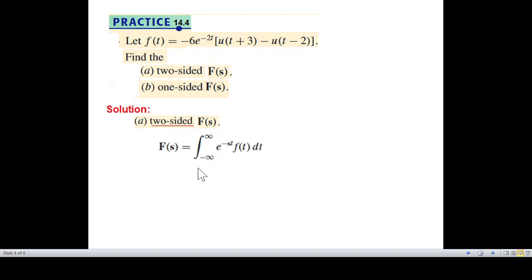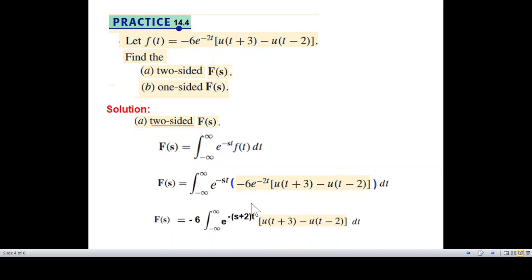This is the formula for the two-sided Laplace transform we have learned. Now we have to input the function. So inputting the function, this is the whole function plugged in, and we take -6 outside, therefore it will be the integral of e^(-st) multiplied by e^(-2t). In multiplication the powers add, so it will be e^(-(s+2)t), and this thing remains as it is here.